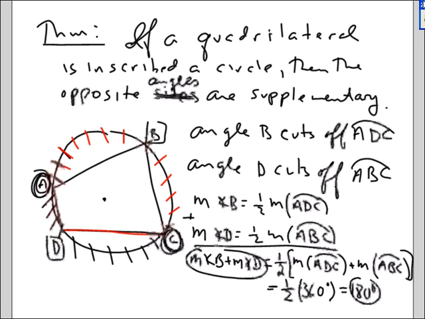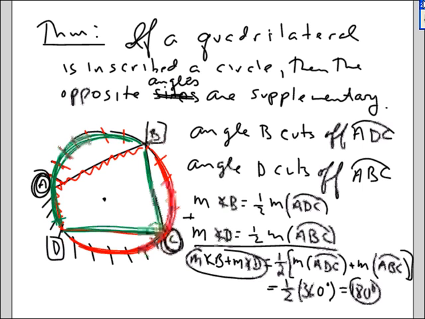The reason is angle A cuts off this arc right here. And angle C is made up from these two rays, and it cuts off this other arc.